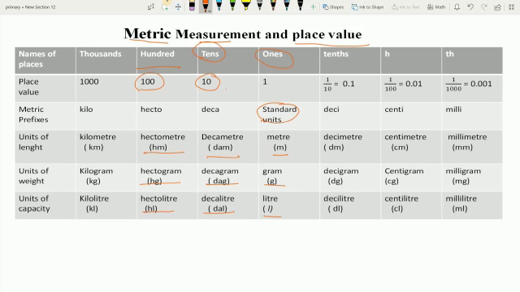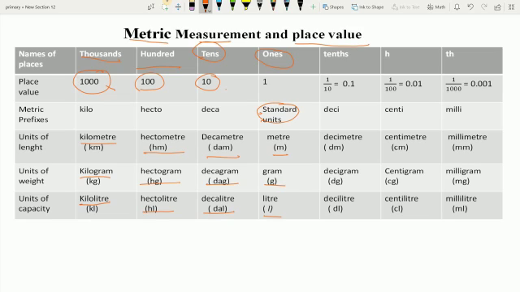Similarly, the units in the thousands column are 1000 times bigger than the standard unit. We name these as kilometer, kilogram and kiloliter, as the prefix kilo means 1000 times.